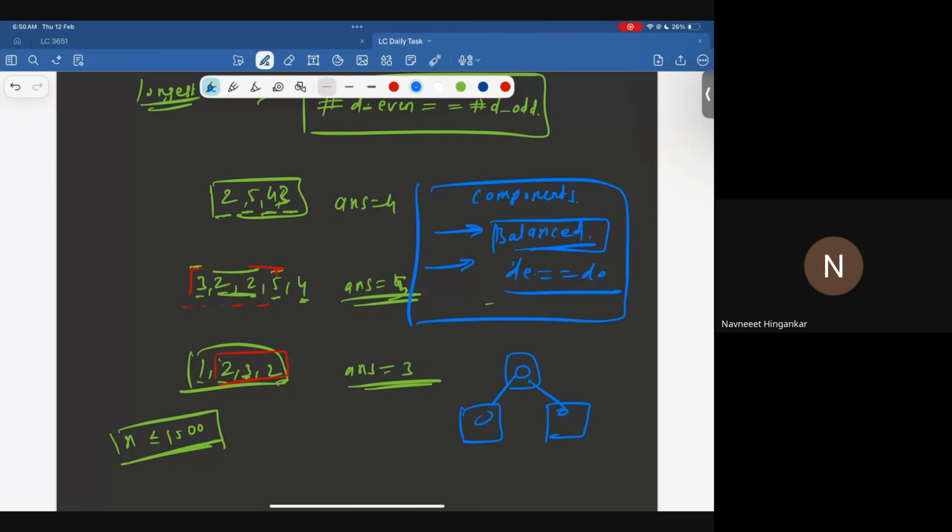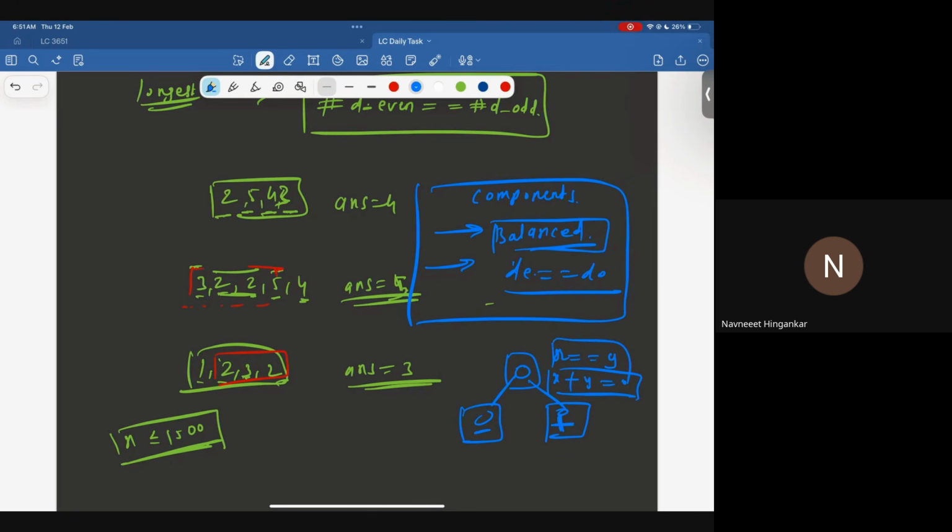So what's exactly happening is this will become plus, this will become minus, right? So if you want x equal to y, all you need to do is x minus y equal to 0, or x plus y equal to 0, anything that you can represent, right?